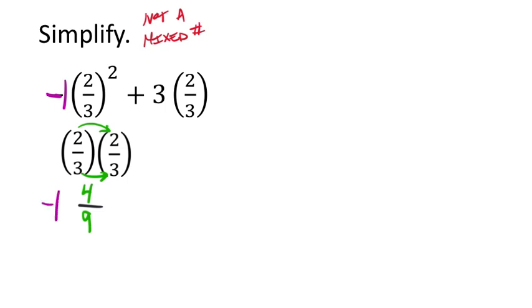Now that I've performed that operation, I want to see the rest of it, right? So I've got the -1 times that 4/9, and then we still got that all plus the 3 times 2/3, like this. So this is my new expression, and we may say, well, did that really simplify it? I'll let you decide. But it's going to make my operations a lot more direct.